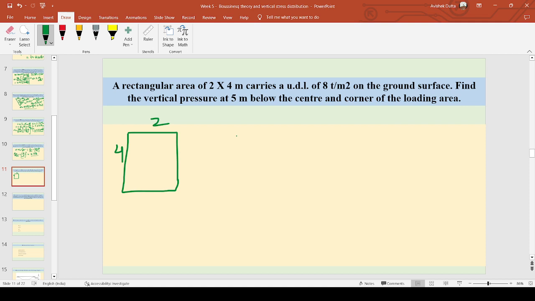We can do that by multiplying the UDL with the area. So Q will be equal to UDL into area, that is 4 into 2, 8, into 8. That will be 64. I repeat once again, the UDL is multiplied with the area to obtain the equivalent point load.